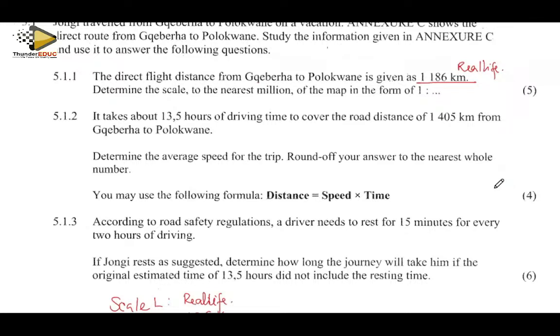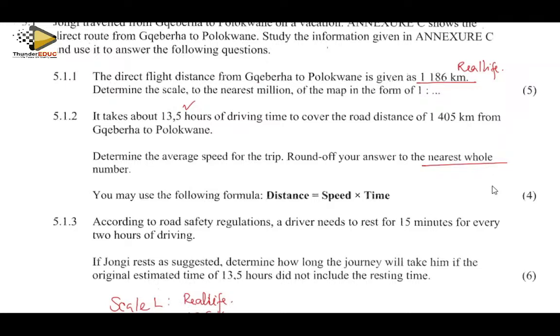Round off your answer to your nearest whole number. Now take note of that. They are saying it takes about 13 hours and a half of driving to cover the road distance of this much from Polokwane. Determine the average speed for the trip. Round off your answer.